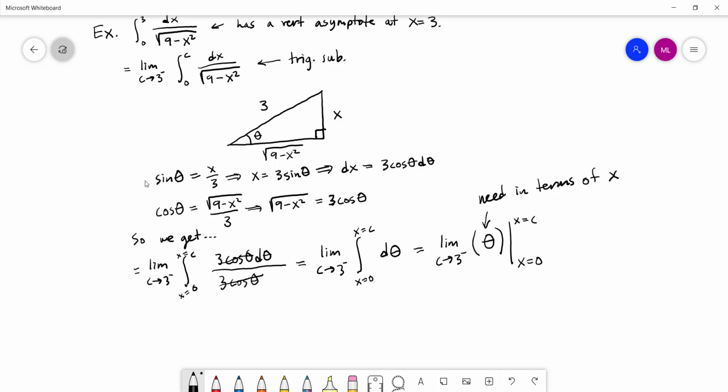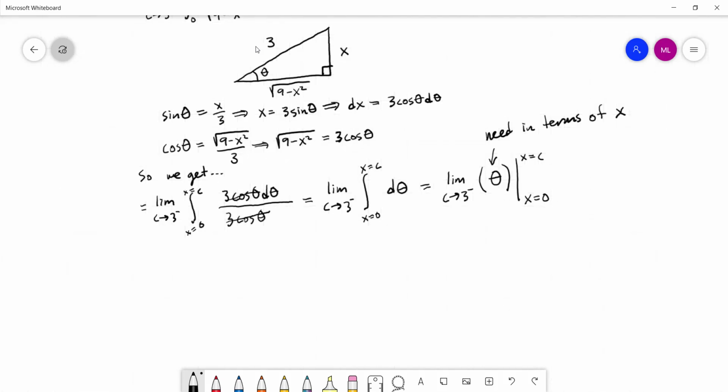If I want to solve for theta, I just need to take the arc sine of both sides, and we will get that this integral came out to be, instead of just theta, the inverse sine of x over 3. So theta equals the inverse sine of x over 3 if I take the arc sine of both sides of this.